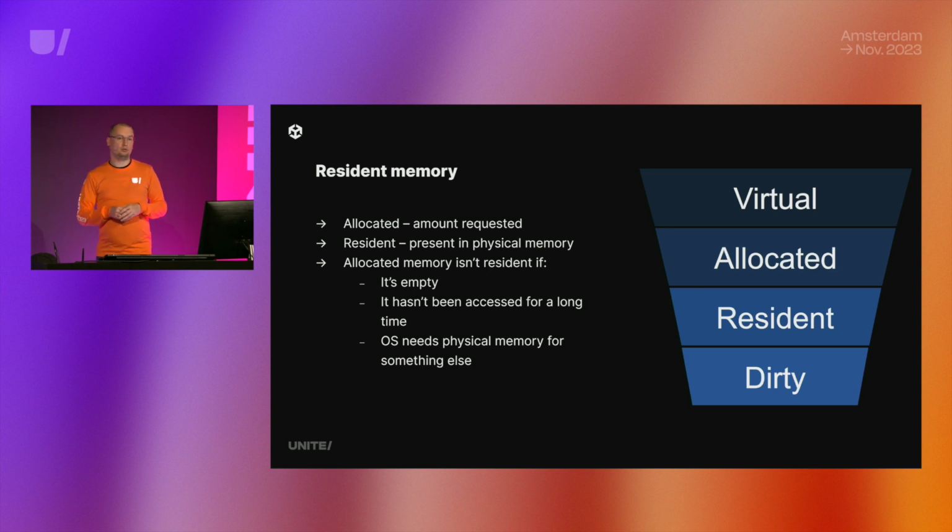But it could also be in compressed memory, which is on desktop and mobile as well, because on iOS you have compressed memory. And the last most important reason would be if for some reason the operating system needs physical memory right now for something else, and that something else is actually more important for the operating system than your application.